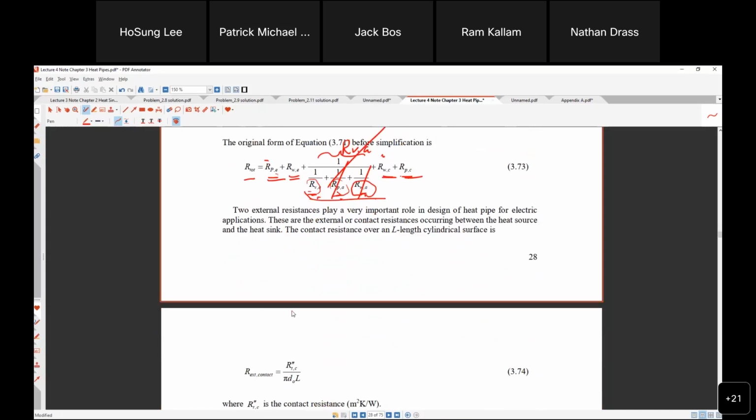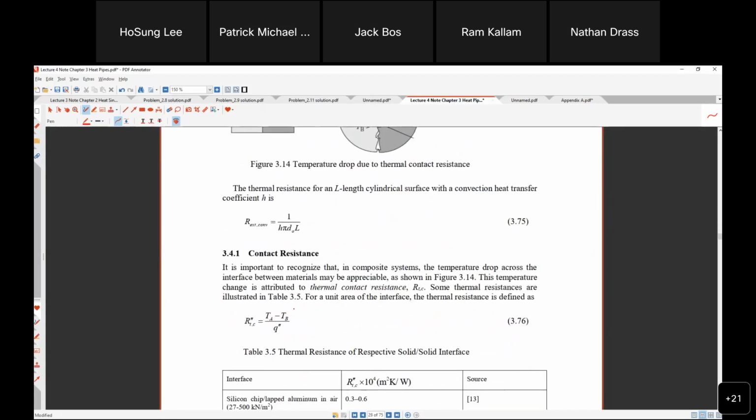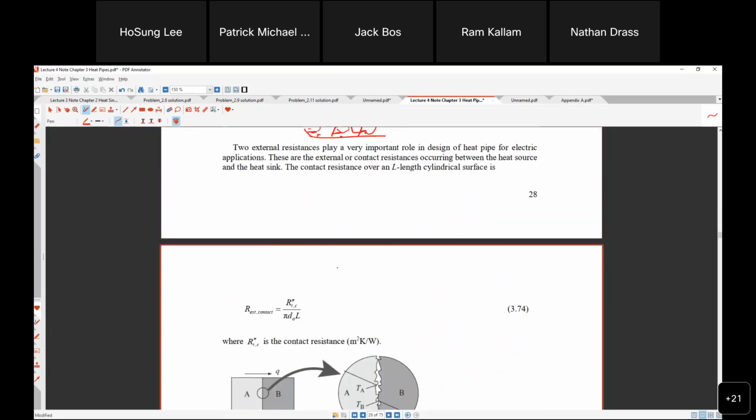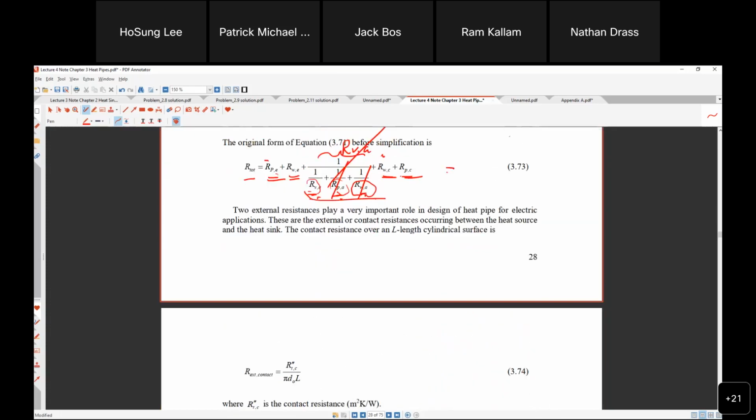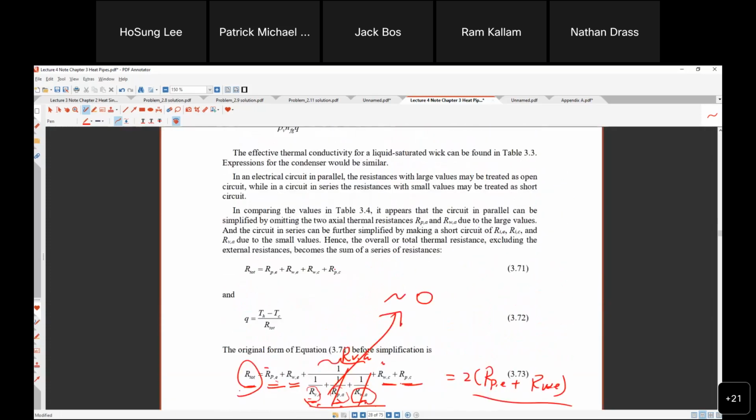That's why they just use these two. They just use 2 over R_pipe plus R_wick. That's the total. What does total mean? Significant.